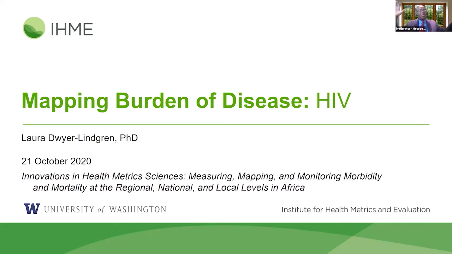So going from the big global picture and now taking a concrete example, you saw in Professor Mokdad's slides that big red area on the social determinants and sociodemographics chart that reflected HIV, malaria, TB. Here, Dr. Dwyer-Lindgren is going to focus on that. We've invited her specifically to take us from the global to the local and help address the fine-scale subnational variation in health data, how you actually map health and disease. Laura, take it away.